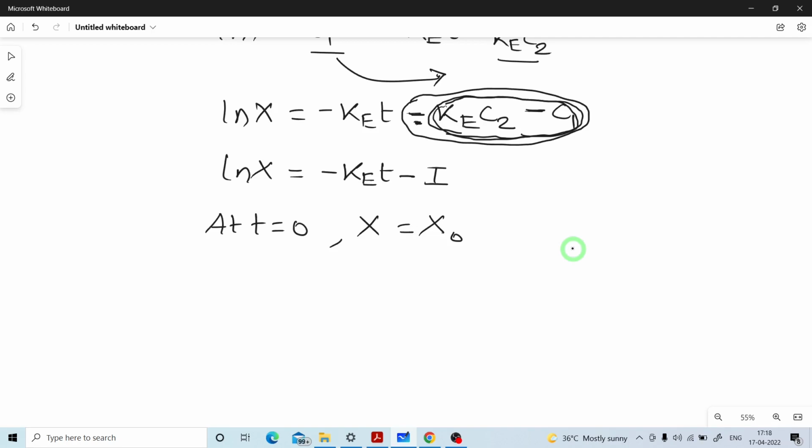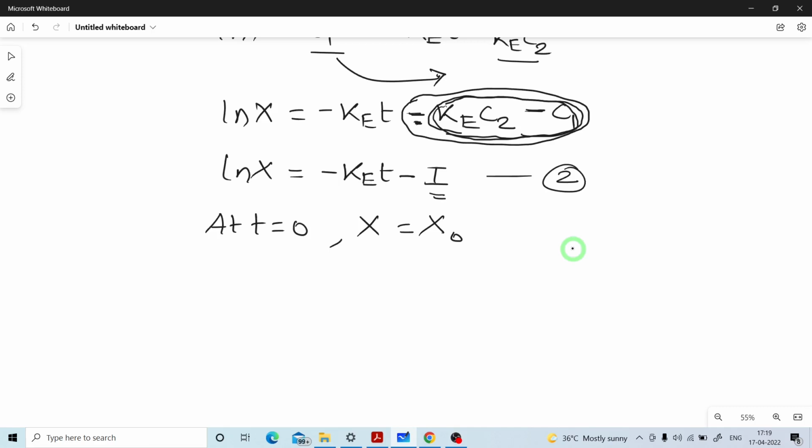If that is the case, then let us call this equation number 2, because our equation 1 was the previous one which we had written. If I put these values in equation number 2, then I can find out the value of this integration constant. So instead of t, I will put 0, and instead of x, I will put x0.